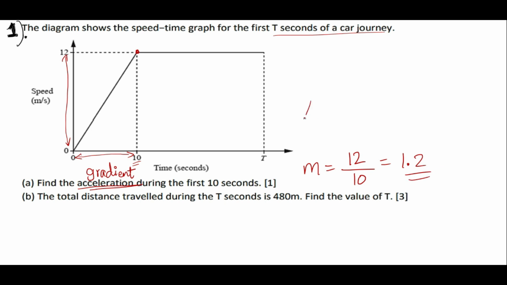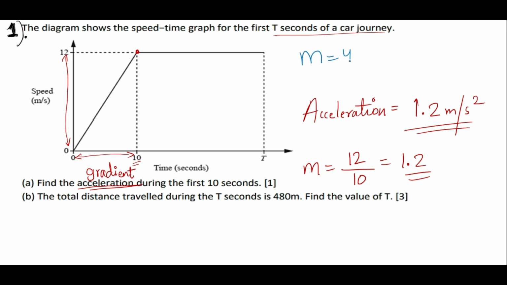So your answer for the acceleration here is equal to 1.2 meter per second squared. You can see the speed is in meter per second and the time in seconds, so the acceleration is meter per second squared.